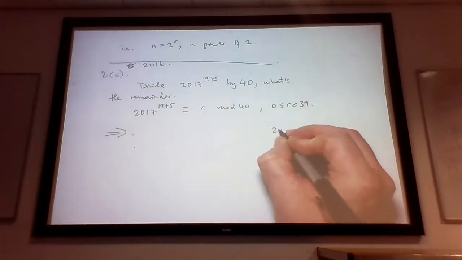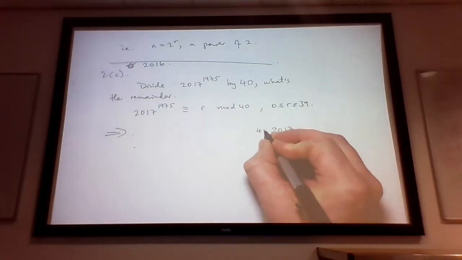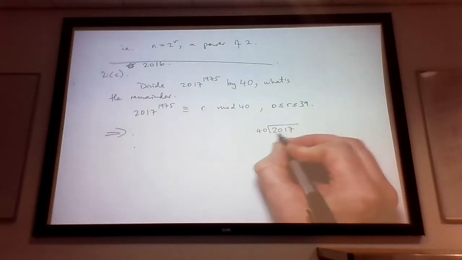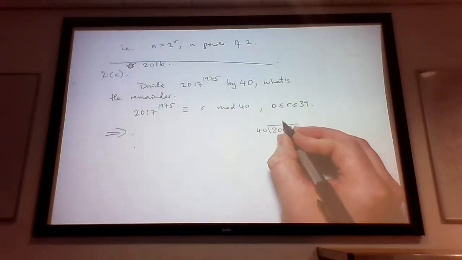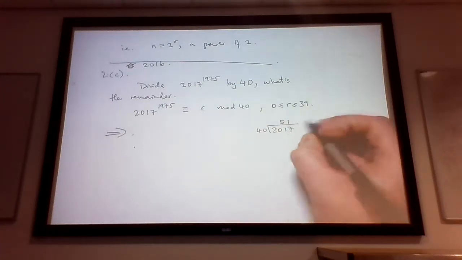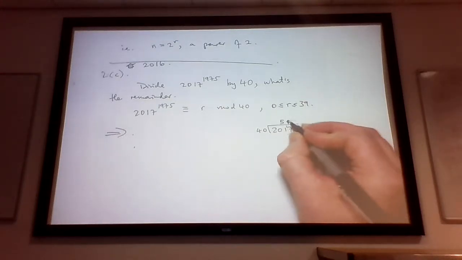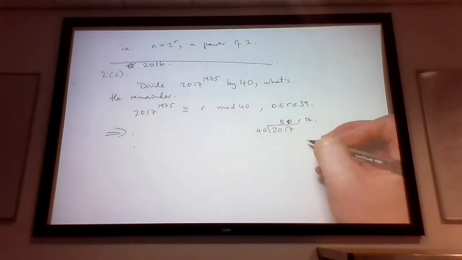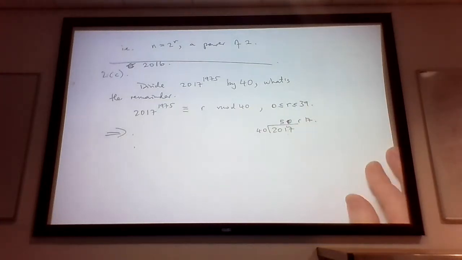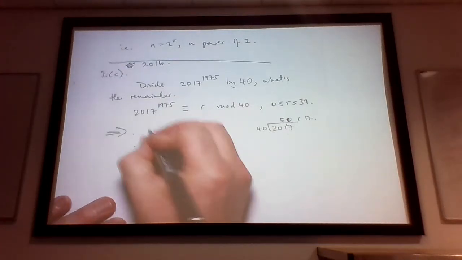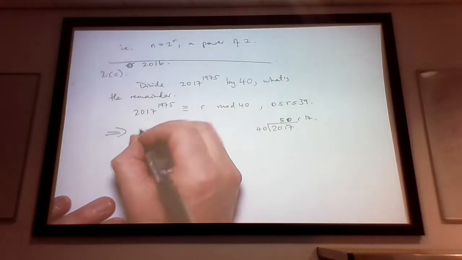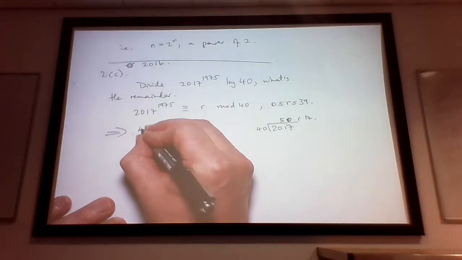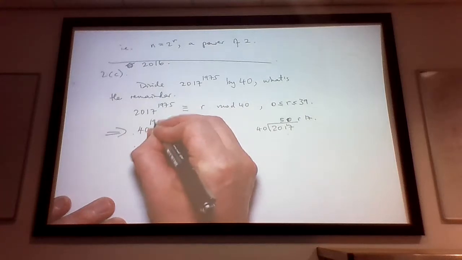So let's divide 2017 by 40. Into 201, it goes 5 times, remainder 1. And into 17, it goes 0 times, so 50 times remainder 17. So 2017 is congruent to 17 mod 40.